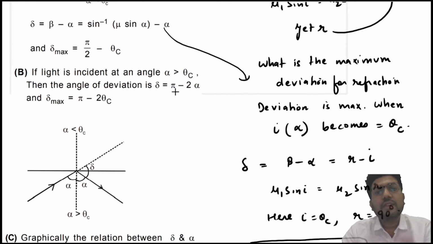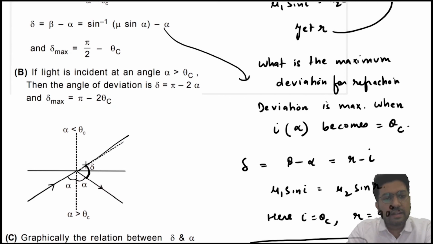How? This we have studied in reflection only. The angle of deviation in this case will be the angle between the incident ray and the reflected ray. If this angle is alpha, this angle is alpha, and this whole angle is pi, then delta is equal to pi minus 2 alpha, right? But here alpha is greater than the critical angle.